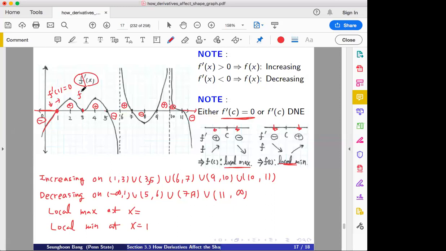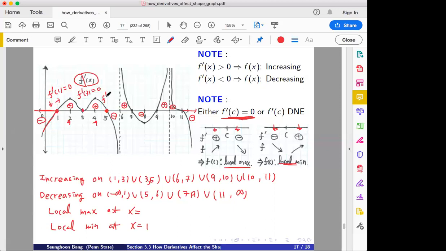This is also f prime of 3 equals 0. Is it a local maximum or local minimum at 3? Neither, because the sign doesn't change here. Positive and positive, the sign doesn't change.